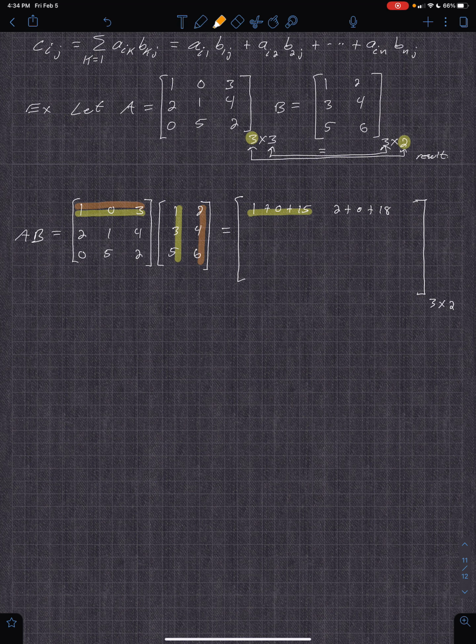Okay, then that was this one. Then you go to the next one down, and you go across and down. So that's 2 plus 3 plus 20.